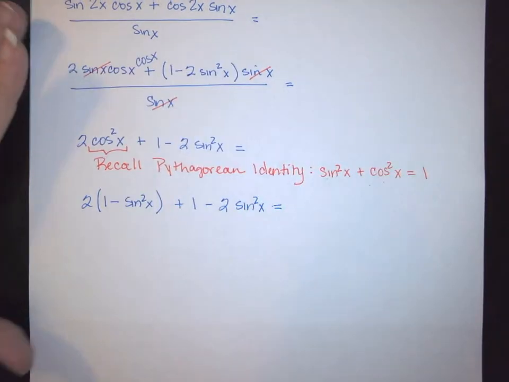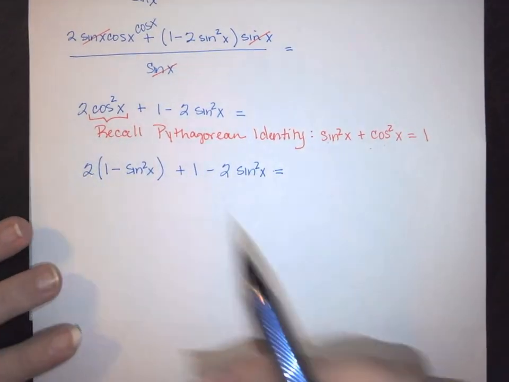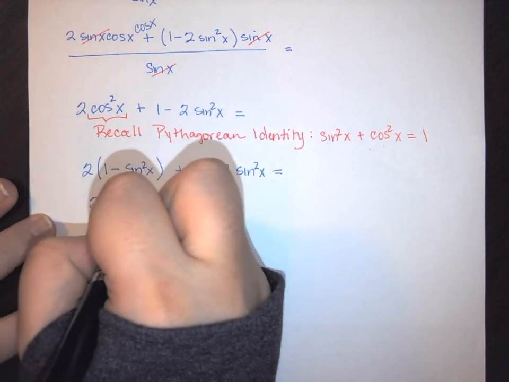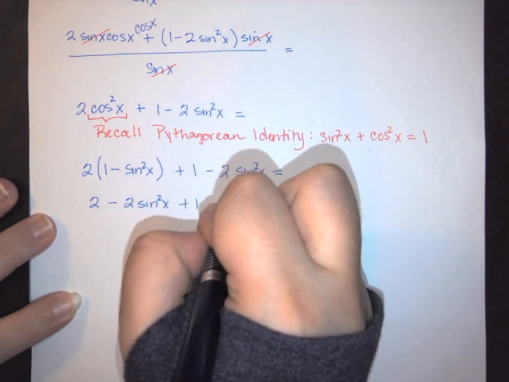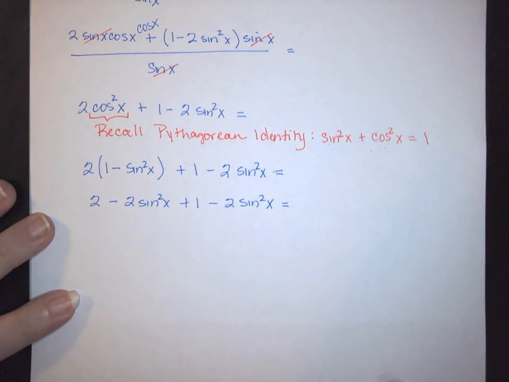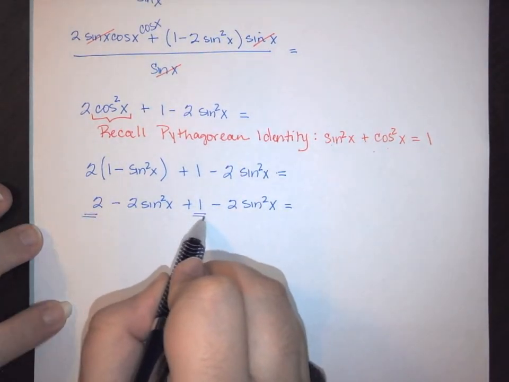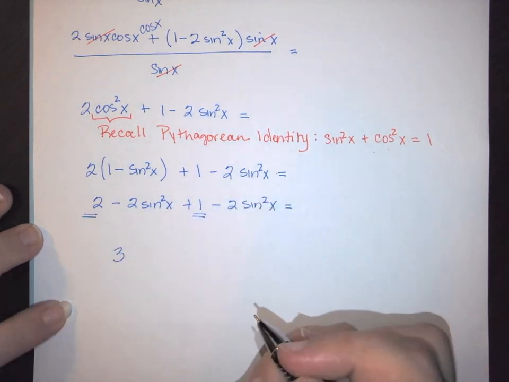and I'm hoping this equals. Distributing the 2 through says I have 2 minus 2 sine squared of x plus 1 minus 2 sine squared of x. Combine my terms. I've got 2 plus 1, that's going to give me 3.